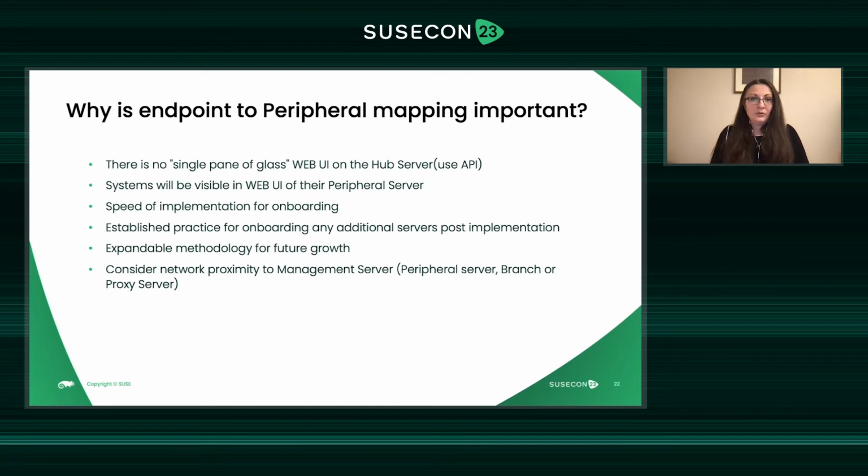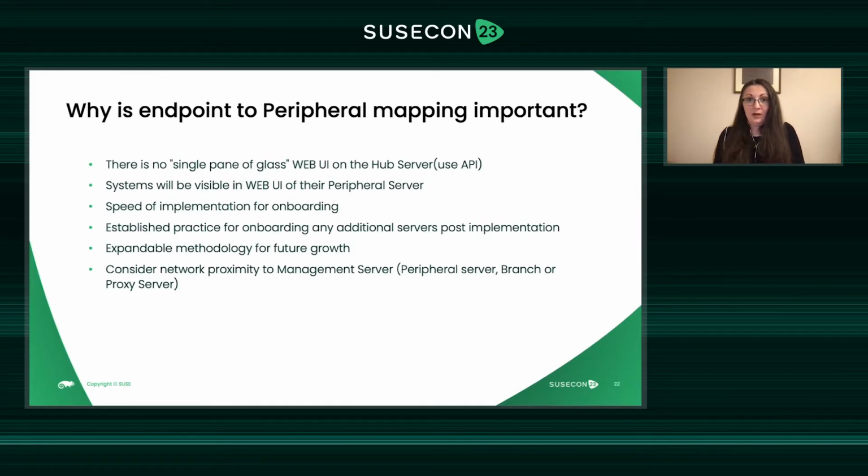So if you decide that you're going to use 10 peripheral servers, if you log into each of them individually, you will only see the systems that are registered or that have been mapped to that particular SUSE Manager peripheral server. This mapping is important because we want to decide how to organize our systems.